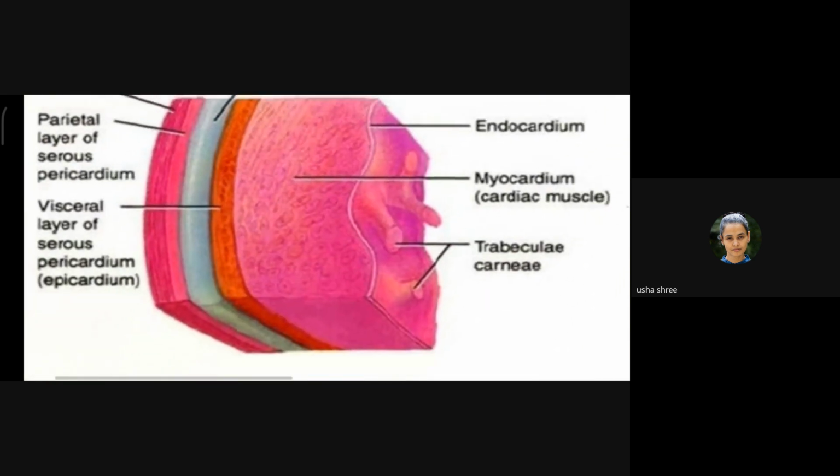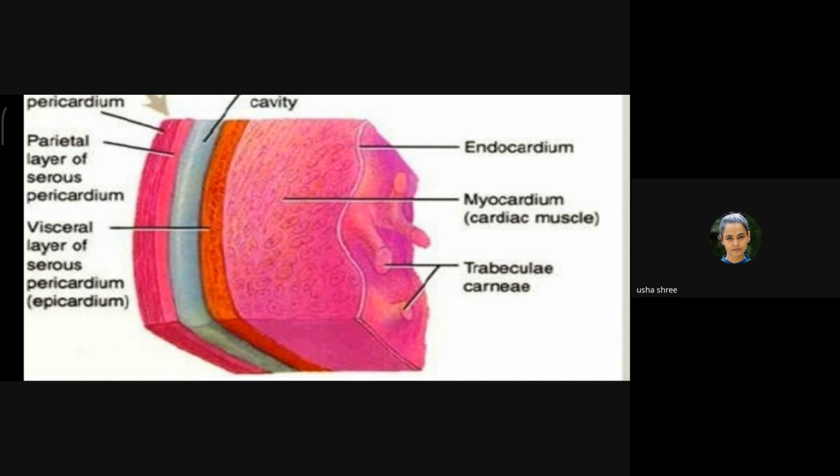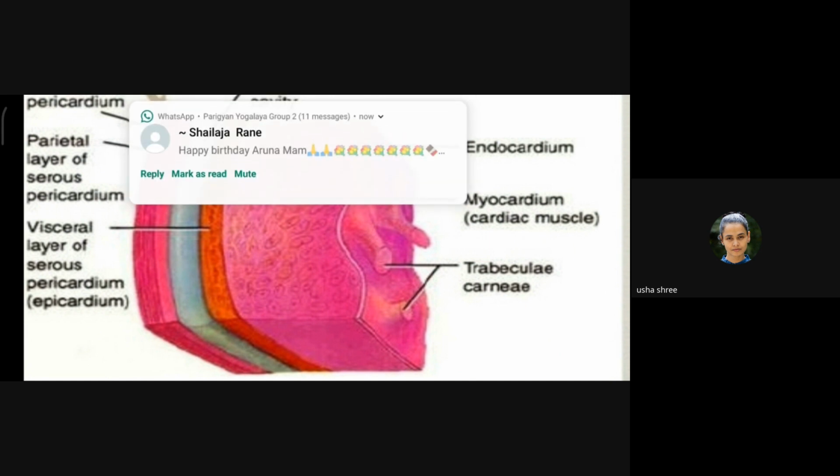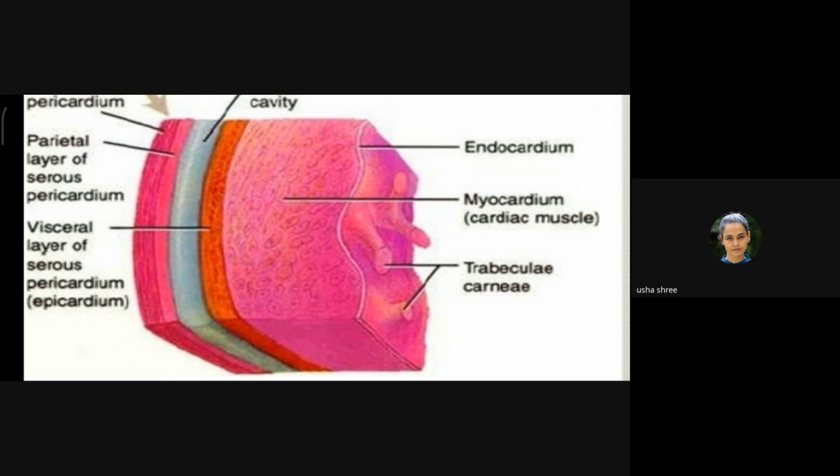Look at the picture. At the outermost layer, that is fibrous pericardium. Then just behind it, parietal pericardium. Just after the parietal pericardium, the cavity is present. Then just behind the cavity, epicardium is present. From fibrous pericardium to epicardium, the collective terminology is pericardium.